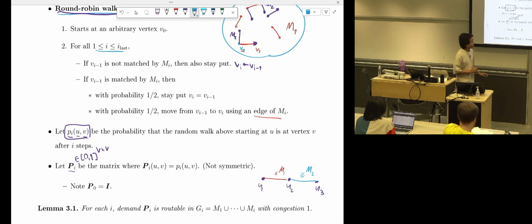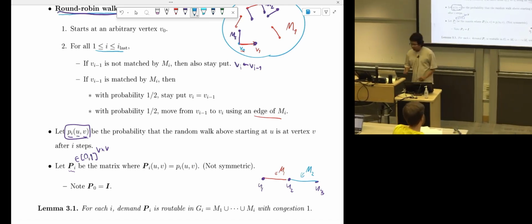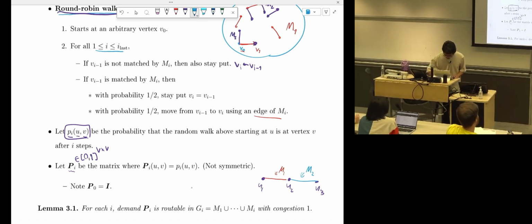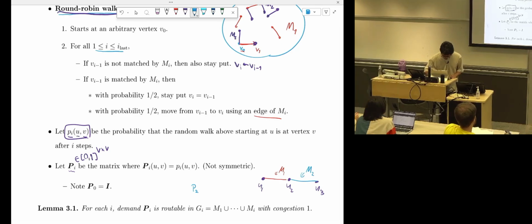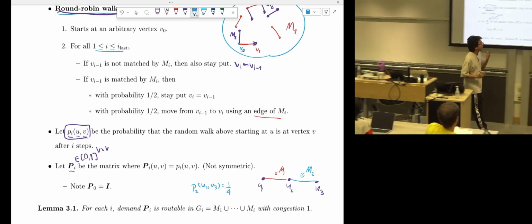Then P_2 of u1, u3 is going to be what? 1/4, right?